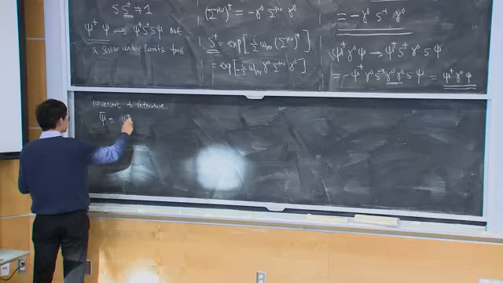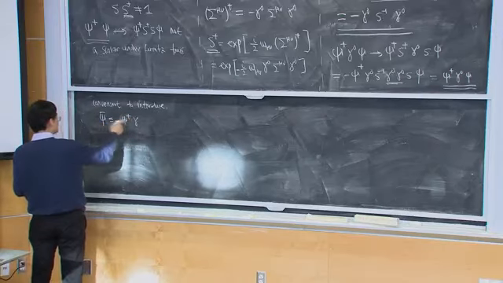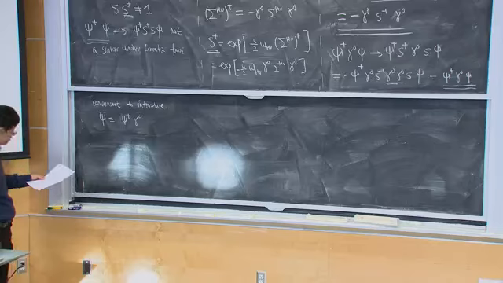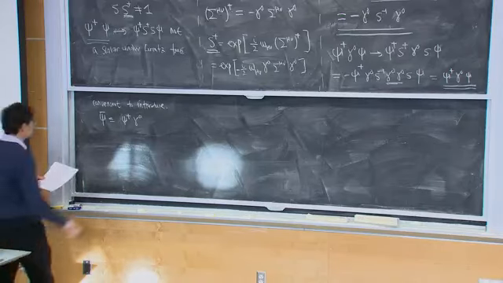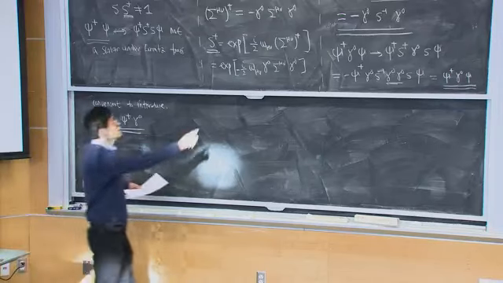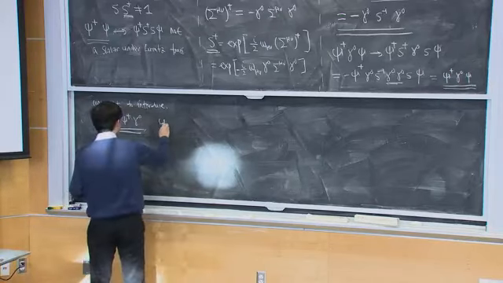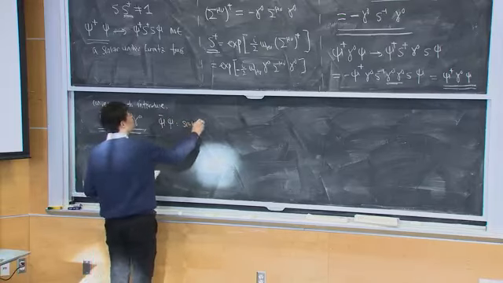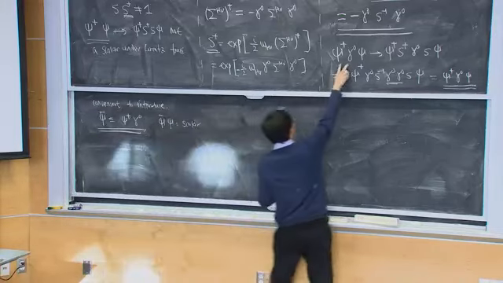Here it's all just matrix manipulation. Right now we're considering a classical theory, and so it's convenient to introduce an object like this. And then we know that psi bar psi is a scalar.